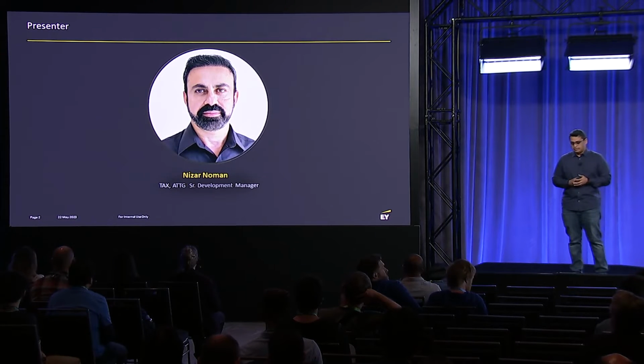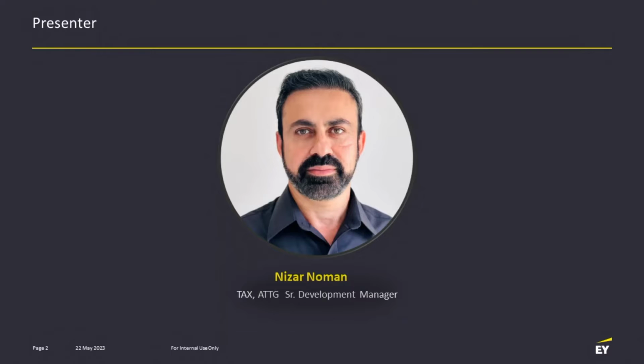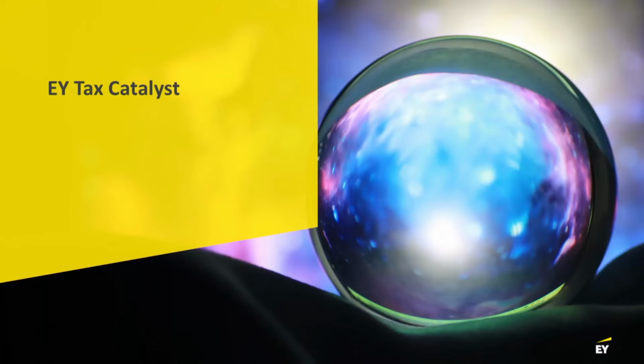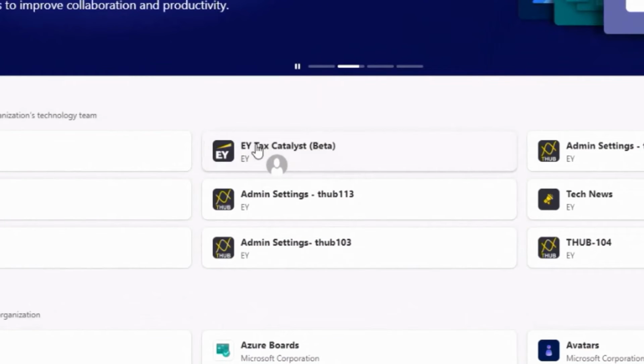I am the Senior Development Manager at EY-ATTG. I am glad and excited to present our experience and journey with Tax Catalyst development, partnering with Microsoft. EY Tax Catalyst is a transformative SaaS-based client-facing virtual content and data analytics distribution channel that operates through the Microsoft Teams App Store.